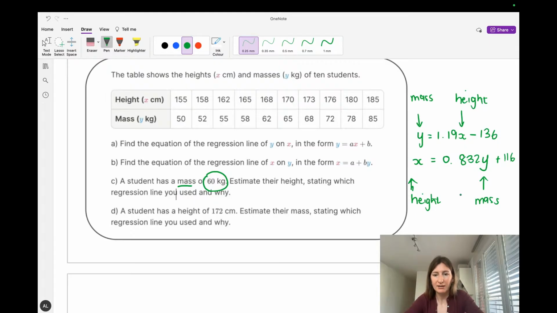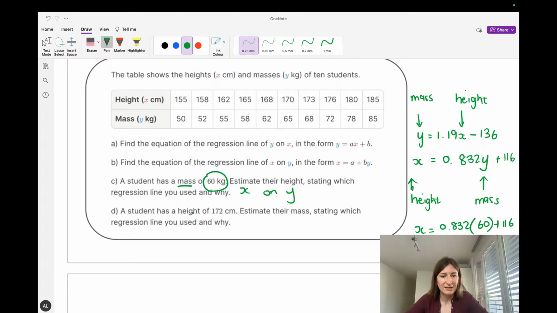So if I put in mass, I'm going to get x equals 0.832 in brackets 60 plus 116. All right, I'll put that in a calculator, and out will come my height. And which regression line you used? Well, that was my x on y. X came first, x on y.